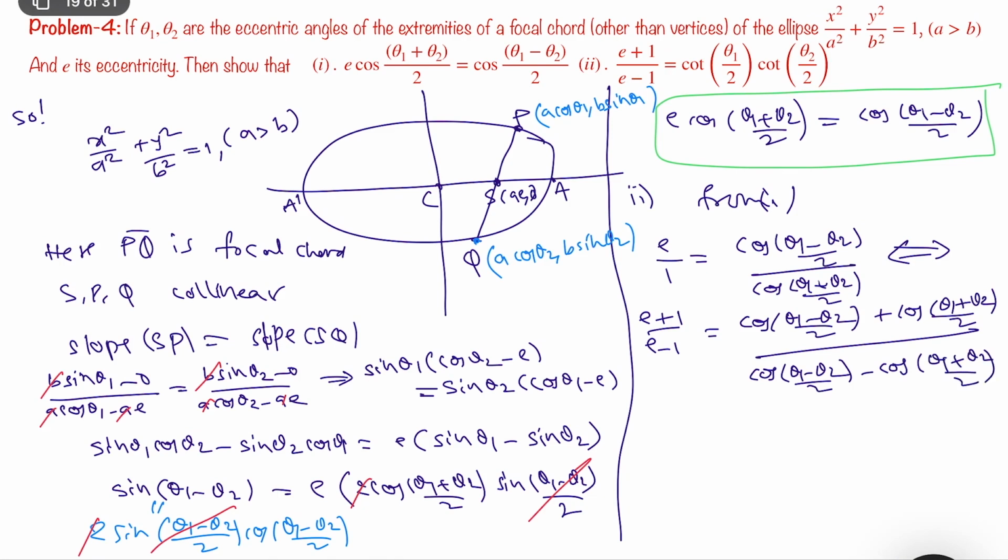Here the right hand side numerator we can see in cos C plus cos D form, and the denominator in cos C minus cos D form.